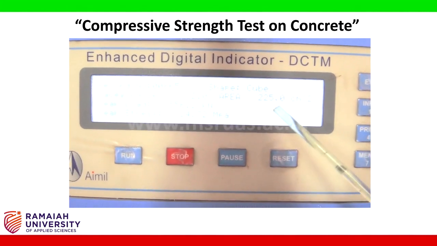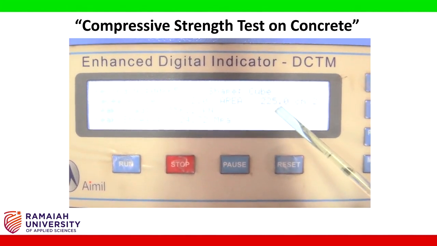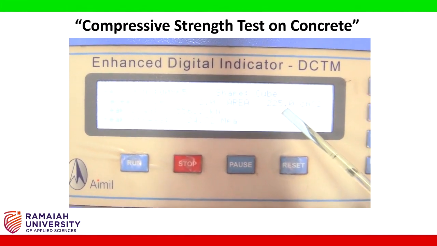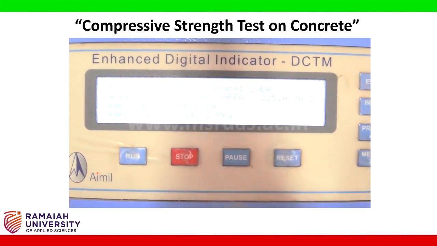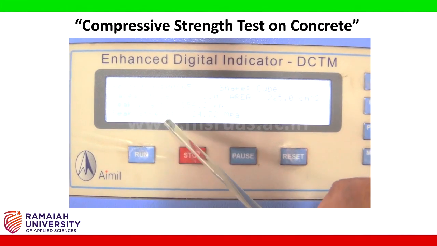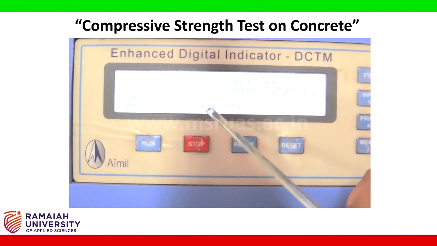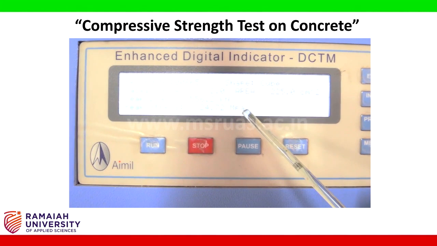I already fed the cube dimension, 15 cross 15, that is 225 cm square. We have a provision that it automatically gives the compressive strength, that is 24.72 MPa.